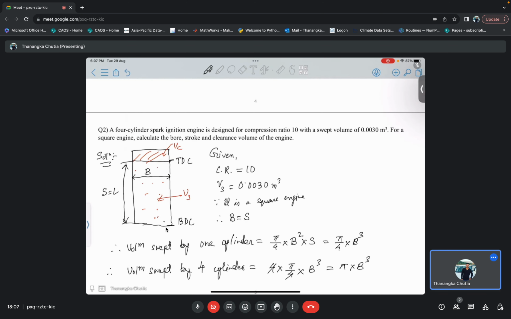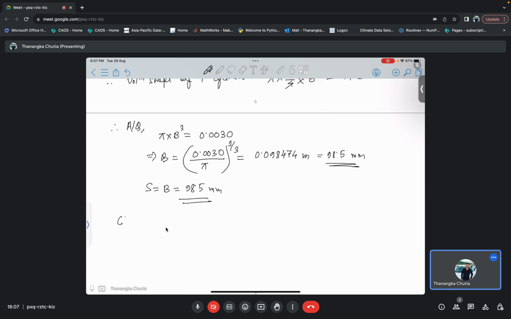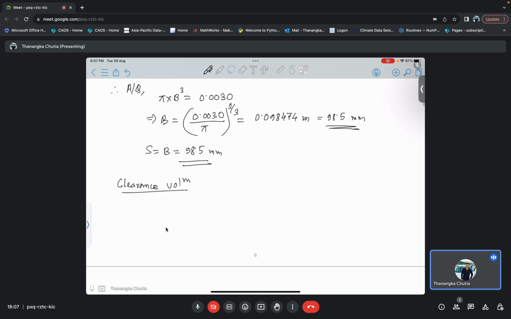Next is to find the clearance volume. So how will you calculate the clearance volume? Compression ratio, we know, is volume before compression divided by volume after compression.